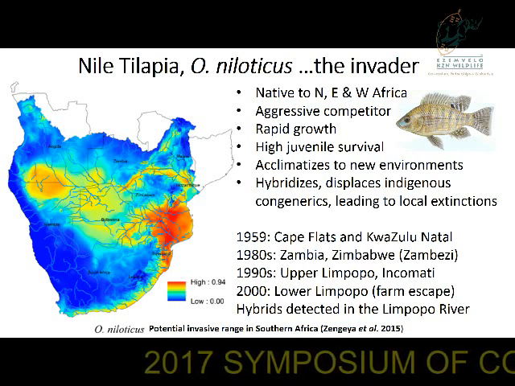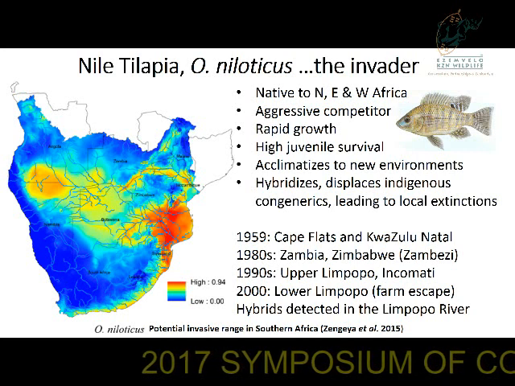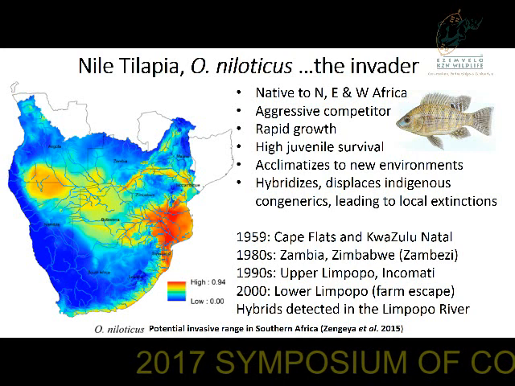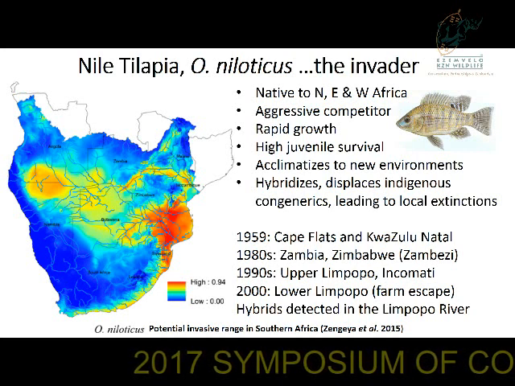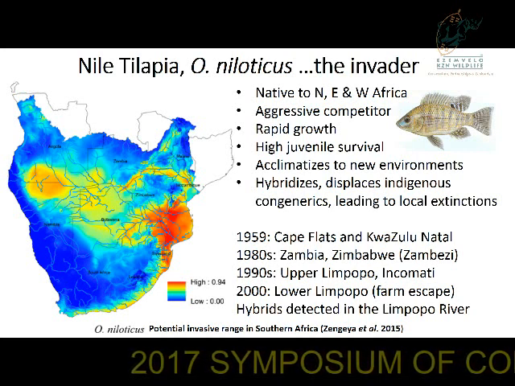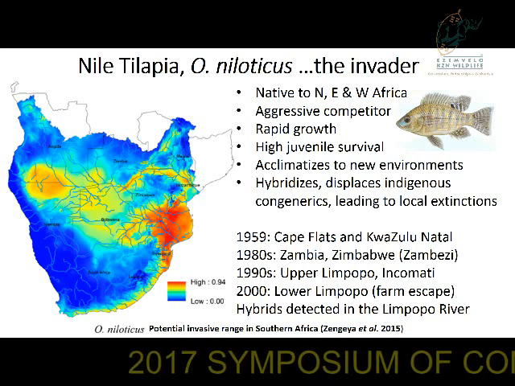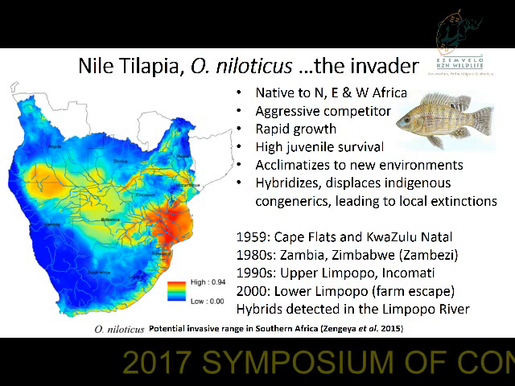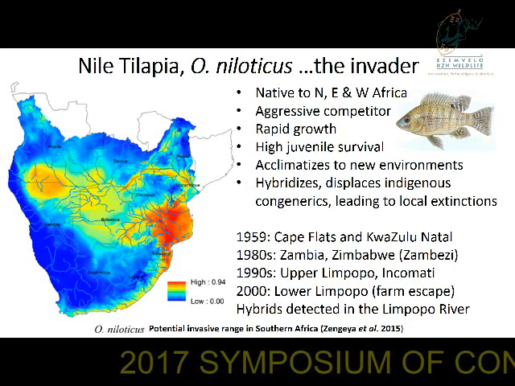So there were some early introductions into southern Africa of Nile tilapia. Most of the introductions are associated with fish farming, or a sort of interest in fish farming. So someone brings a few fish in and throws it in a dam, and it's in a system initially.